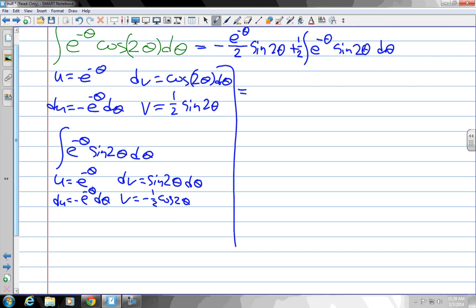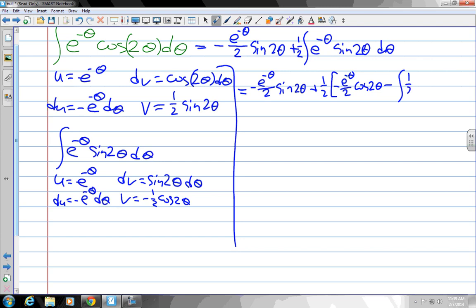So let me just put it all back here. So equals negative e to the negative theta over 2 sine of 2 theta plus 1/2. So uv, so that's negative e to the negative theta over 2 cosine 2 theta, right? Minus the integral. These two are negatives, so still going to be negative.